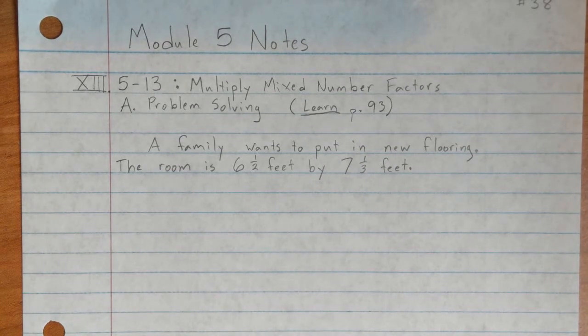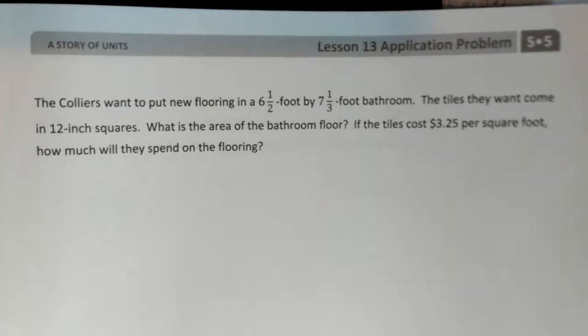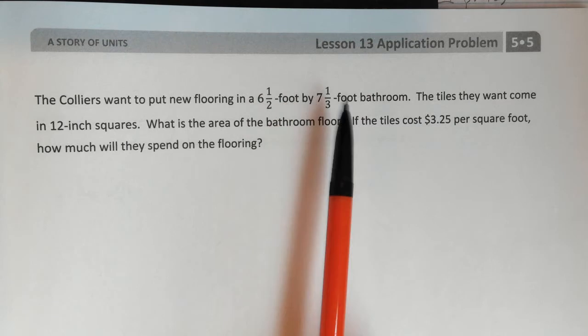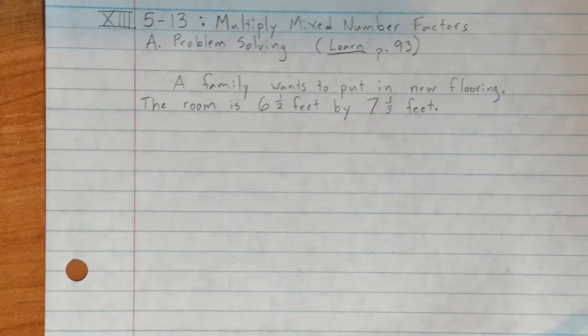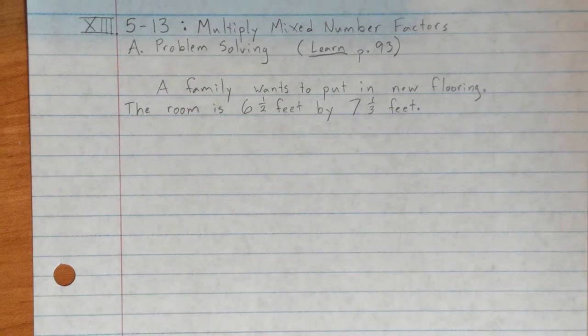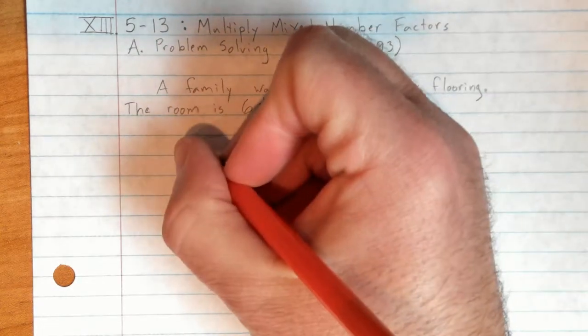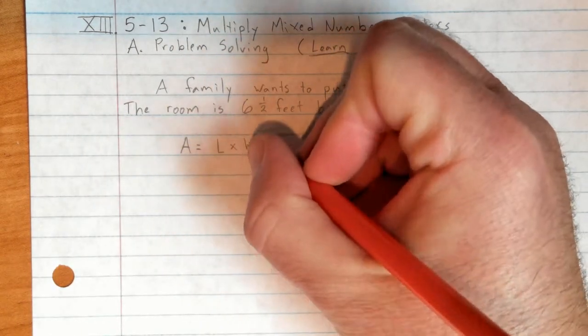Now I'm going to break this word problem apart as we go through. Like I keep saying, it's on page 93 of your Learn book. You can see I'm abbreviating slightly so you don't have to copy quite so much. But the first sentence has the same information: 6 1/2 feet by 7 1/3 feet. Now really, before I'm even worried about the rest of it, I can find the area because I know that area equals length times width.